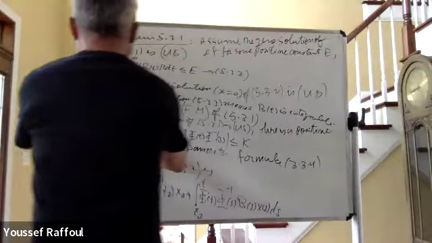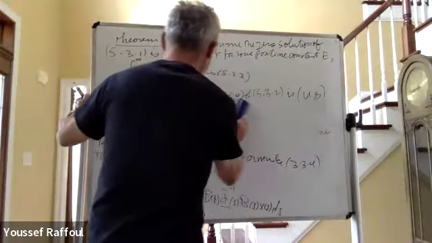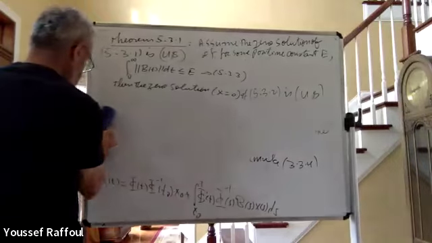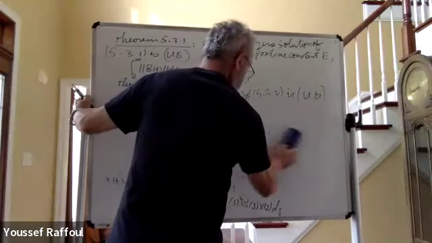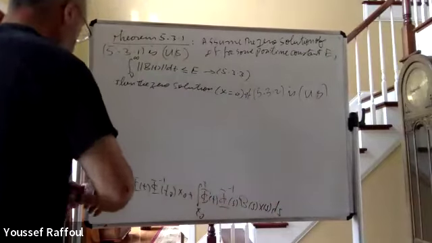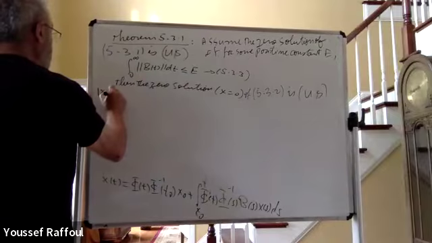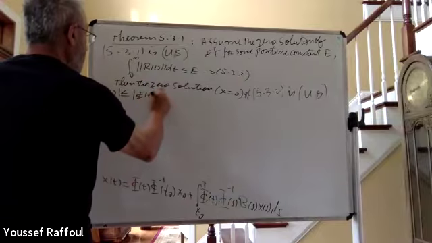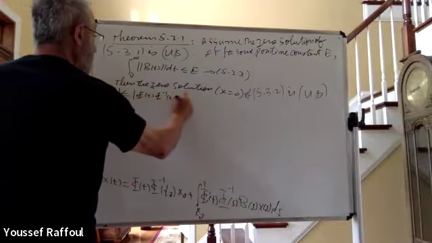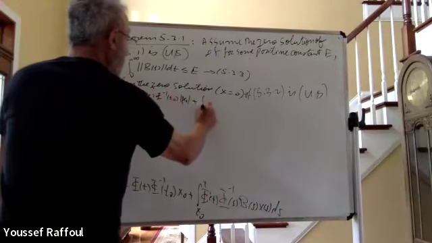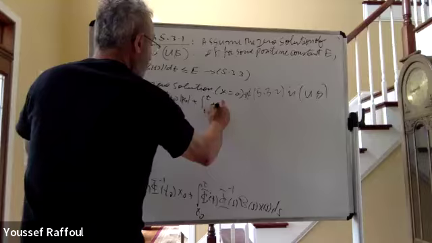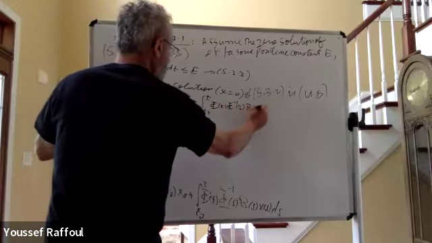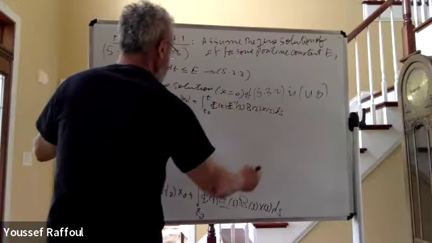So I'm going to continue here. Then the norm of x(t) is less or equal to the norm of phi of t, phi inverse of t naught, x naught plus the integral from t naught to t of phi of t, phi inverse of s, B(s), x of s, ds.